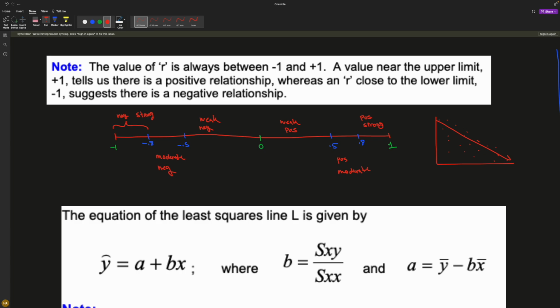You could have something weaker, more like this. You see it's still going downwards, it's still negative, but it's weaker, it's not as tight. That's what R says. If you get it as 0, which I've never seen happen, but if you do, there's no relationship between the two. So that's that.